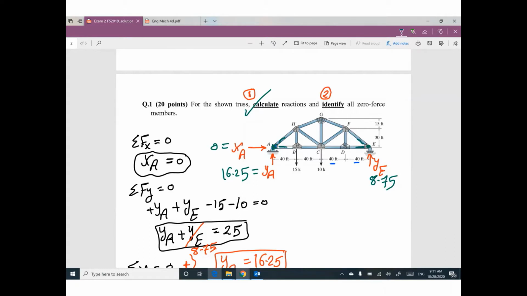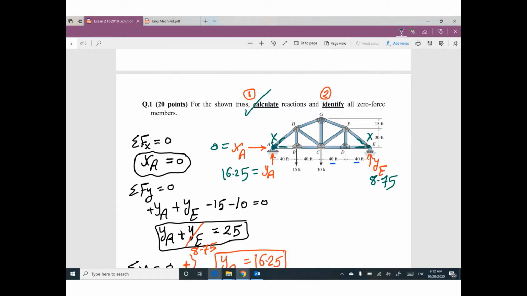Second condition, do you have any external forces at joint A? Yes, we have reactions. We have YA 16.25. So this joint will not work, and also this joint will not work because we have external force. Reactions are considered external forces.